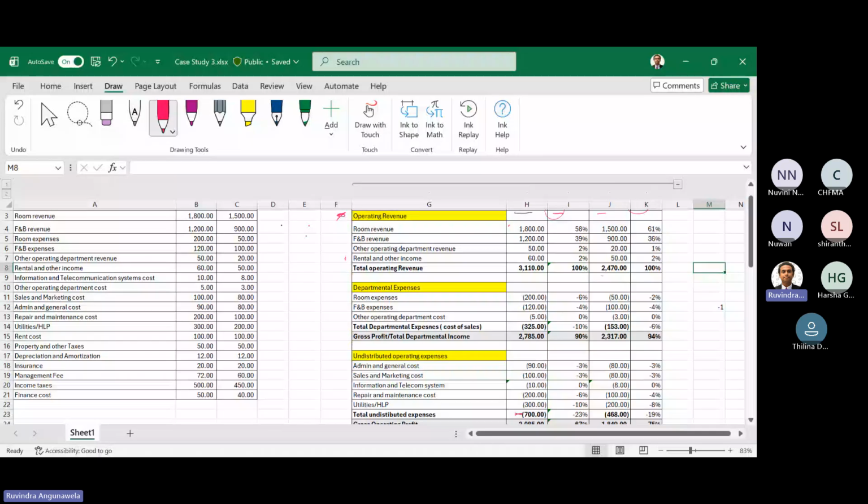When we go into detail, we'll understand a bit more of the nature of this rental and other income, right? For now, just note that this rental or other income is from the hotel's operation. It is part of the operation of the hotel. That's why it's called under operating revenue. Meaning that it is owned by the hotel and they operate this space.